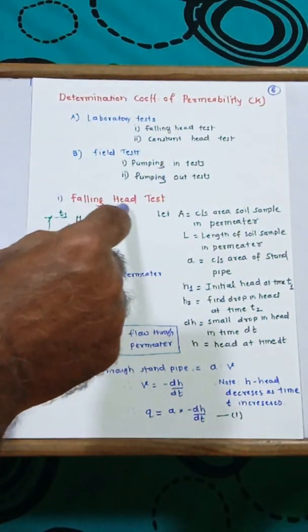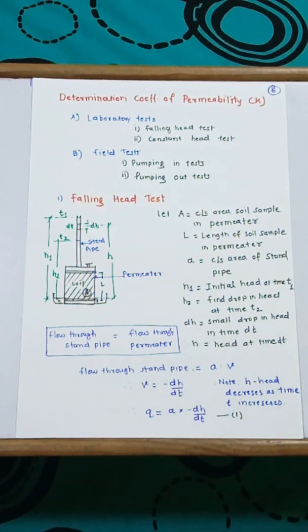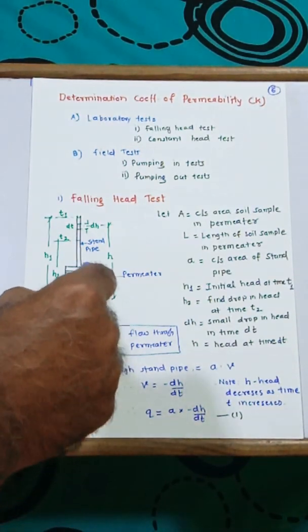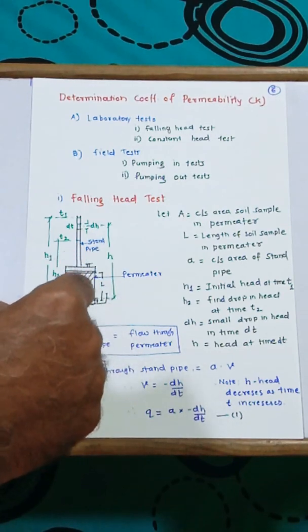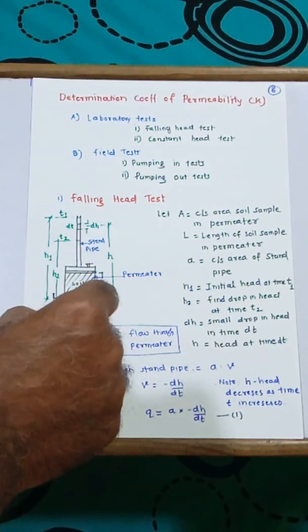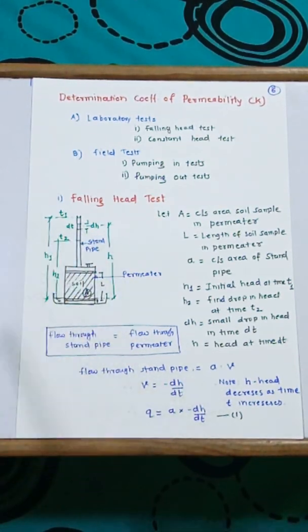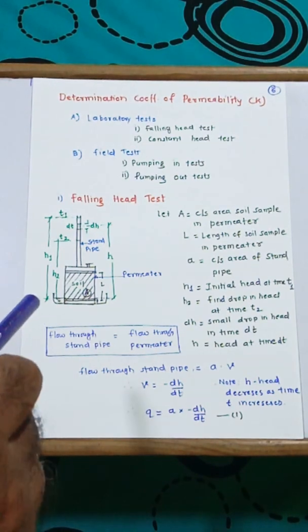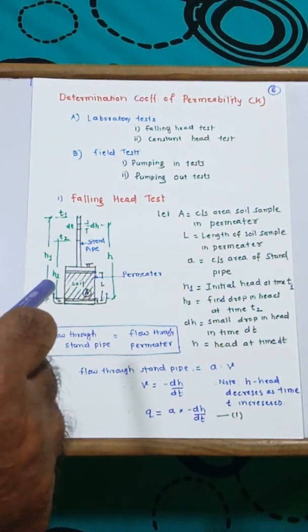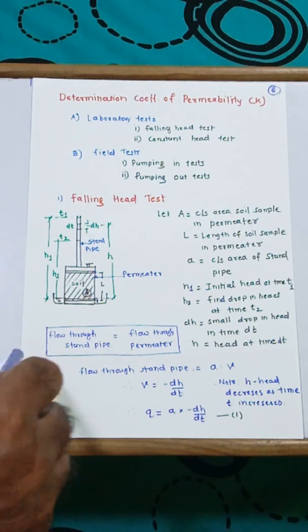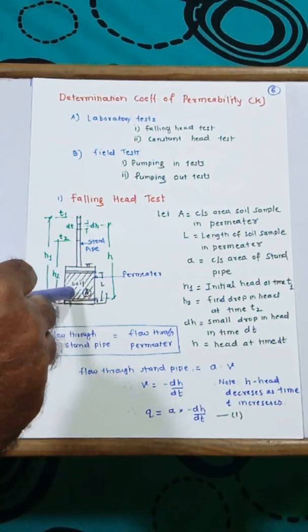The first laboratory test is the falling head test. In a falling head test, first we prepare a permeameter which is filled with a soil sample. Filling of the sample is as per the requirement of the soil properties.